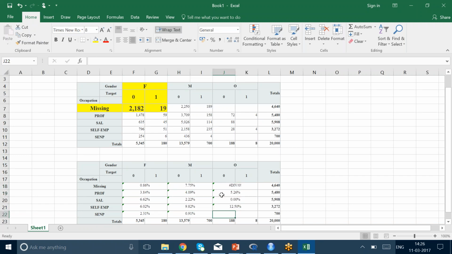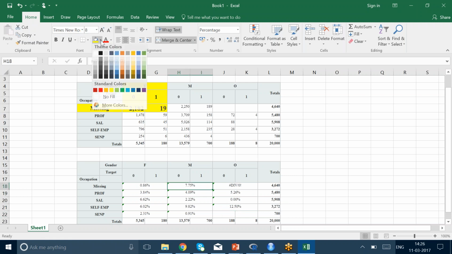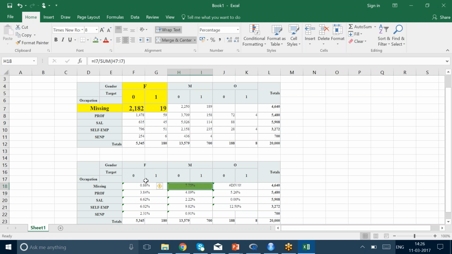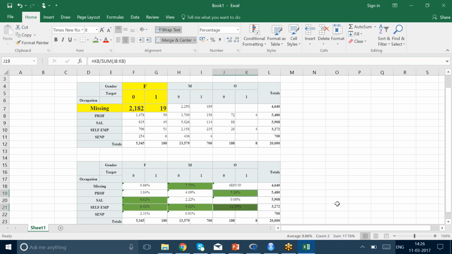So here, when I see that, it gives me segments. This is a nice segment to target because my response rates are good here. Basically, I get more success. This is a good segment. And these are good segments where I should be targeting because I get a response which is higher than the average. Average was 4.4 something.